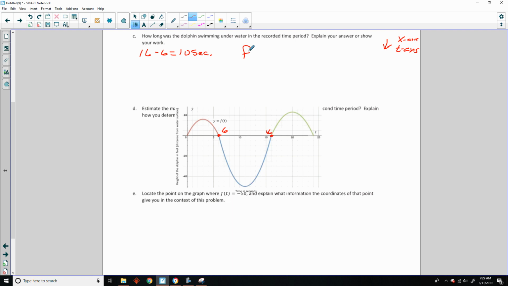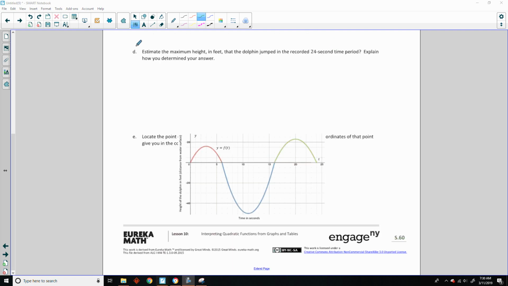And that is when f of t is less than 0. Okay. D says, estimate the maximum height in feet that the dolphin jumped in the recorded 24-second time period. The maximum. Okay, well, there's a relative or local maximum here.